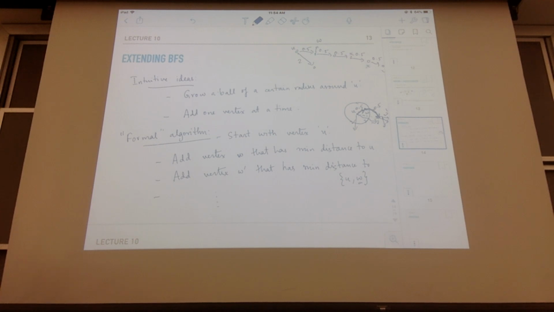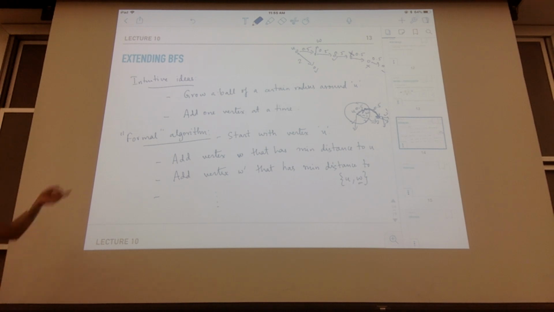They have no paths from the set U, W. They don't have an edge to U, they don't have an edge to W. So the candidate W primes are this guy and this guy, because they are the ones that have an edge to either U or W.